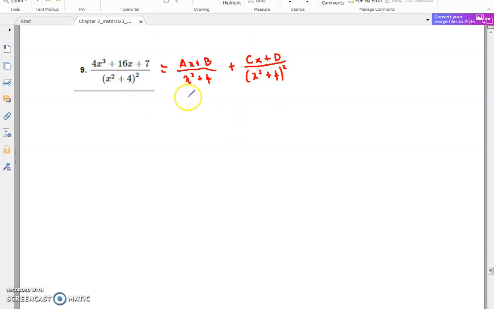So this is the way how you decompose the repeated quadratic factor. Then you are supposed to find the values of a, b, c, and d.